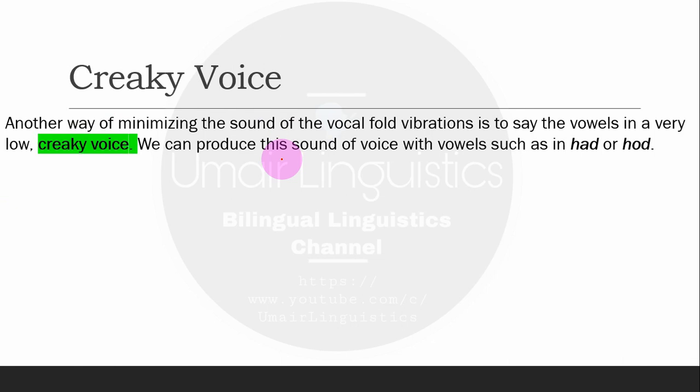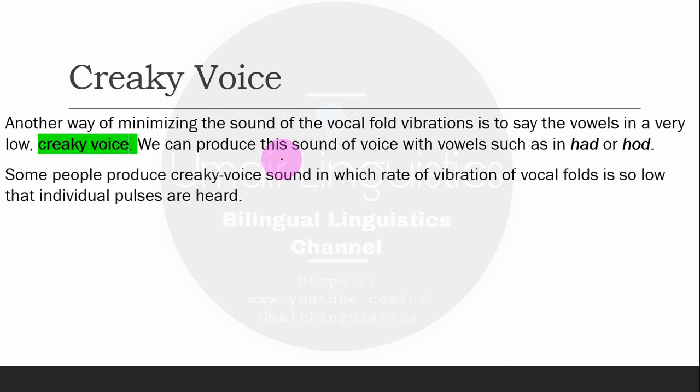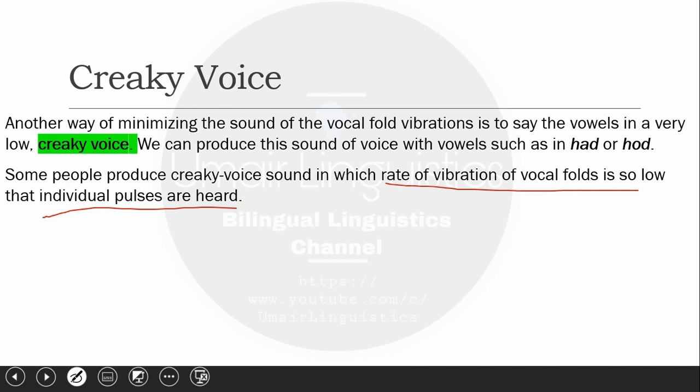So it is a creaky voice. And some people produce creaky voice in which the rate of vibration of vocal folds is very low and individual pulses are heard. In other words, individual pulses are heard, which means that we can hear all the overtones separately. For example, just focus on these two sounds.